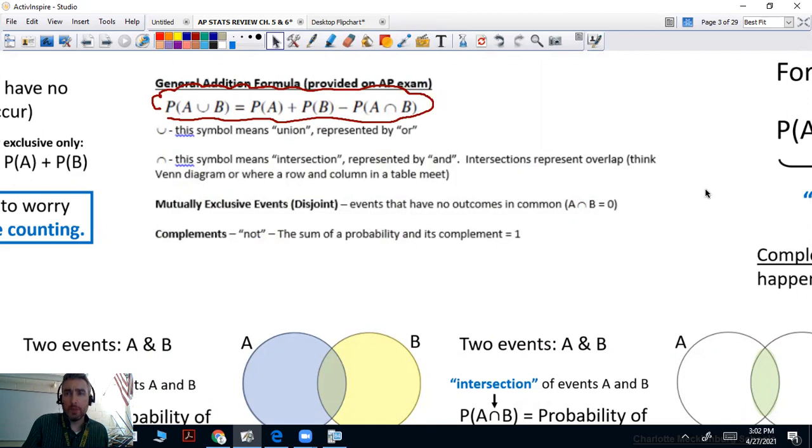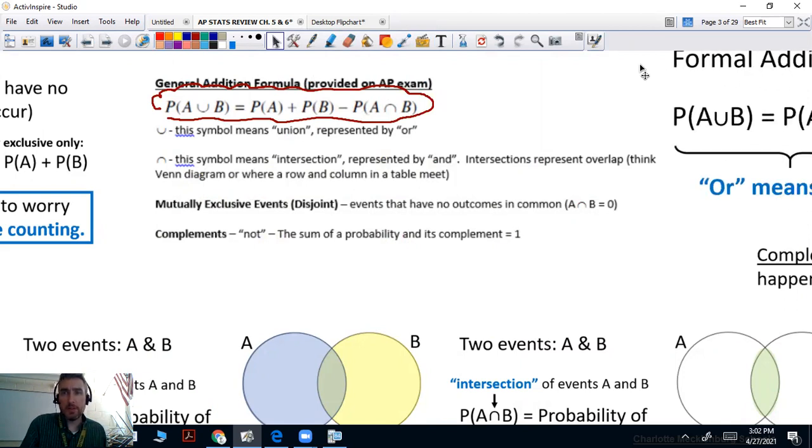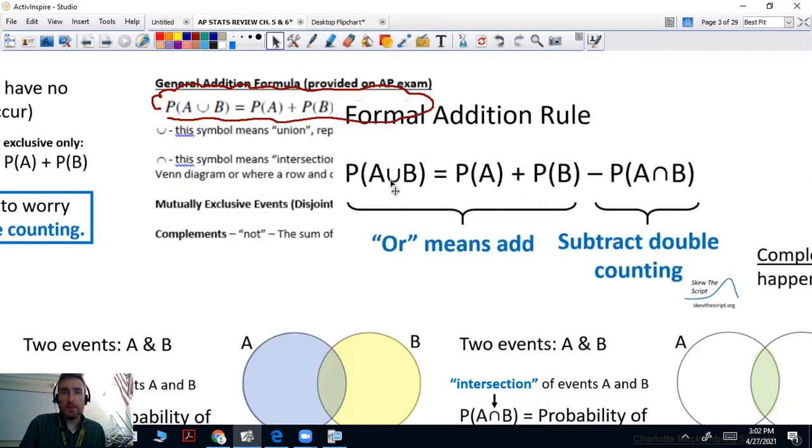Using this formula, the U means or. So it's the probability of one event happening plus the other. But that upside down U, that's the and. That's their double counting. We want to subtract that because we don't want to count that overlap twice.